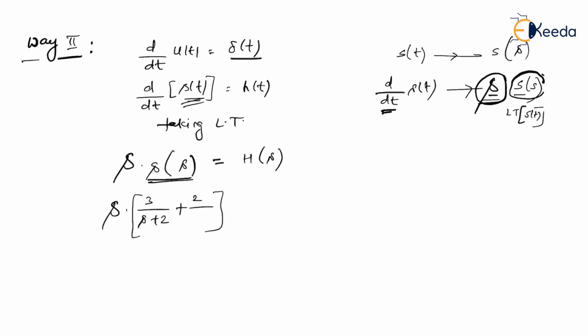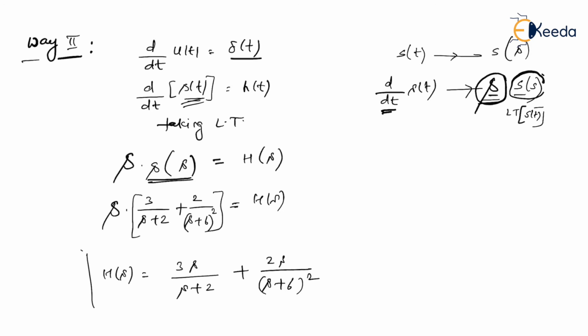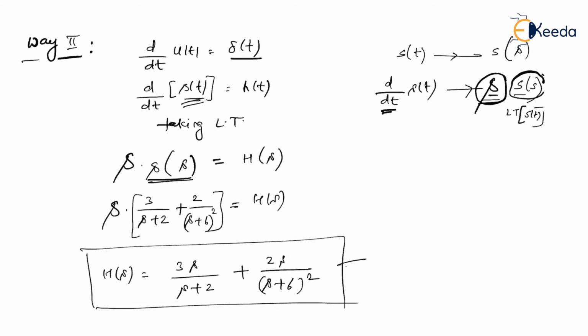So Laplace transform for that is 2 upon s plus 6 whole square. And this is nothing but H of s. Finally, I can write H of s equal to 3s upon s plus 2 plus 2s upon s plus 6 whole square. And finally, this is nothing but the transfer function.